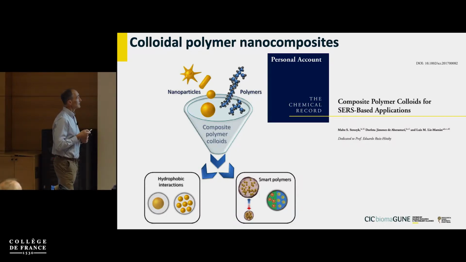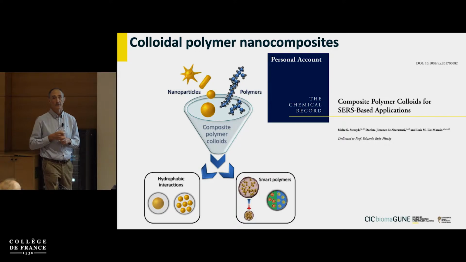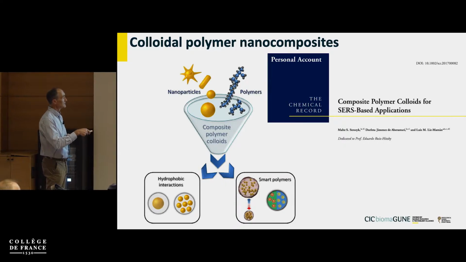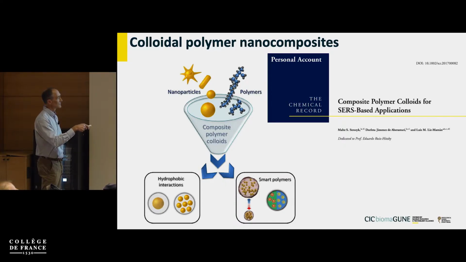So again, the fabrication can be done in ways related to what I explained for the bulk nanocomposite materials. And then you can also obtain different configurations, either incorporating single particles or multiple particles, which are either embedded in the matrix, or they can even be floating around inside the matrix.